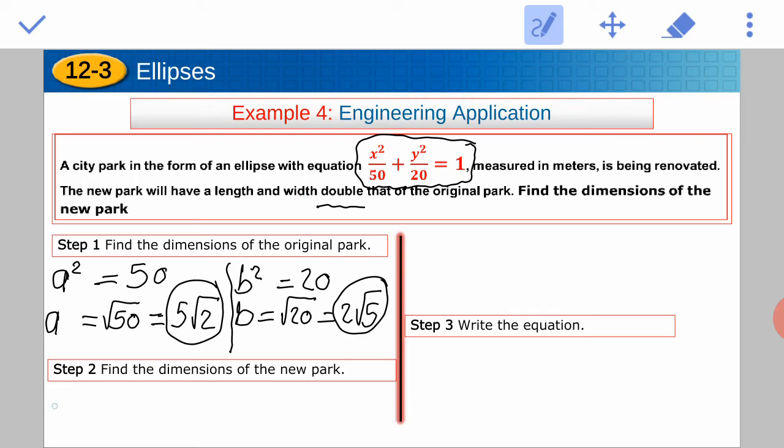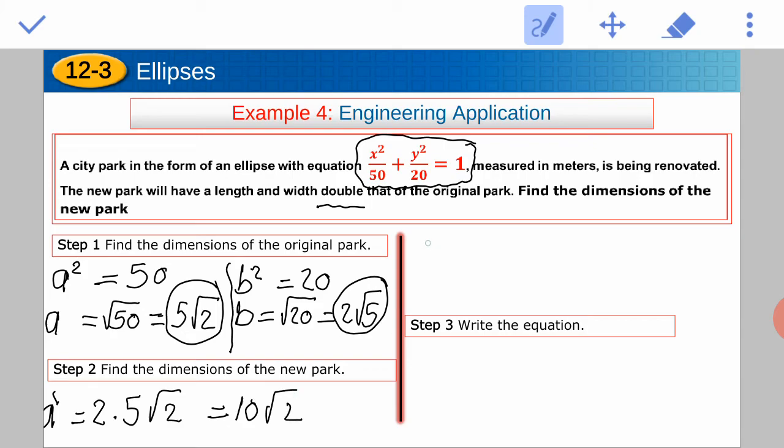So A dash equals double this quantity. So 2 times 5 square root of 2. The new distance from the center to the vertex of the new park is going to be double this quantity. 2 times 5 is 10 square root of 2.